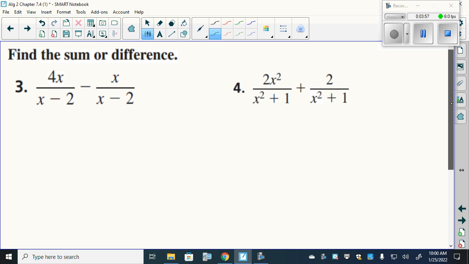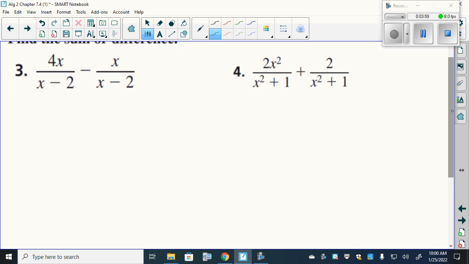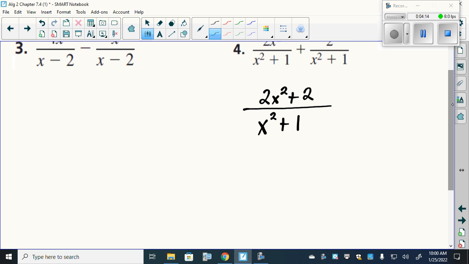Let's look at number 4. The denominators are the same, so we would just have x squared plus 1. The numerator would be x squared plus 2. And that'd be the answer, yes? No. Is there a greatest common factor in the numerator? Yes, which is a 2.